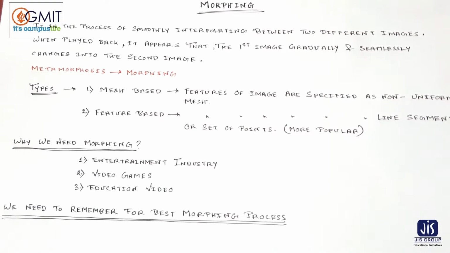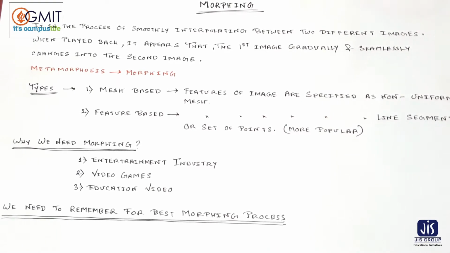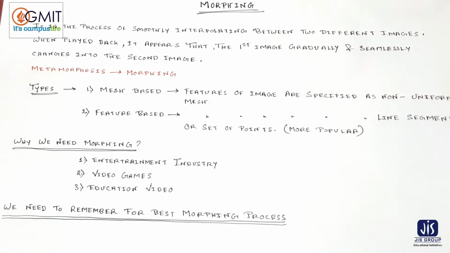So you can say, to seamlessly change from one image to another image, a series of points is defined in both the before and after of the object.